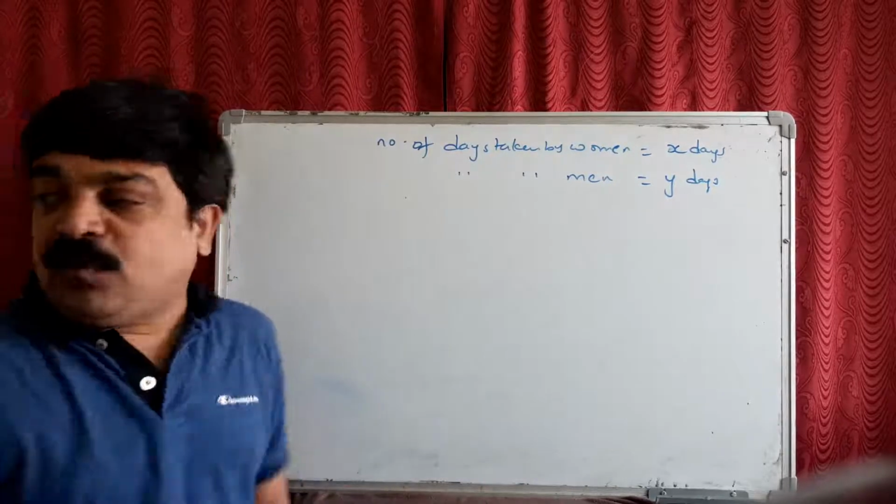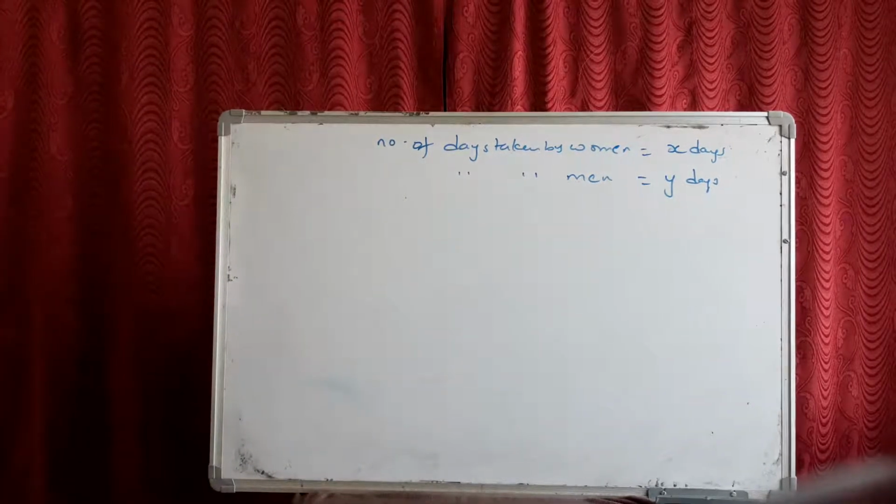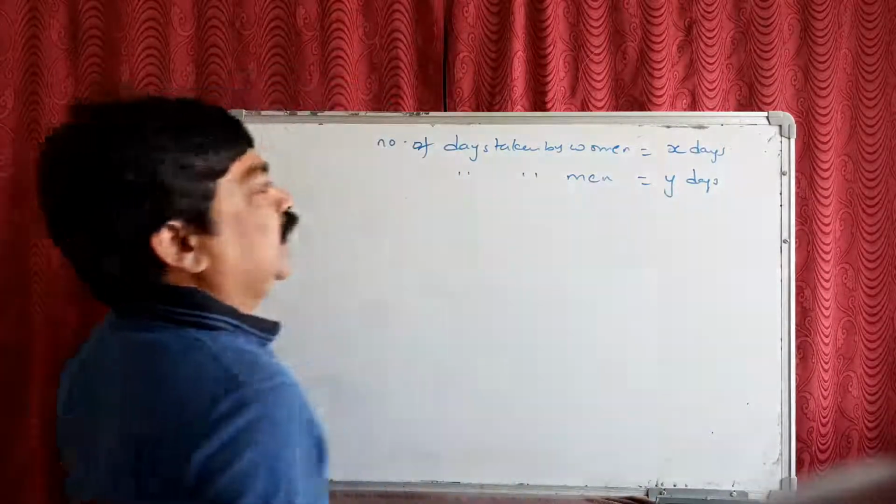Right? And in the question they have given that 2 women and 5 men can do it in 4 days, and 3 women and 6 men can do it in 3 days. Find the time taken by 1 woman alone. These x days are for women.